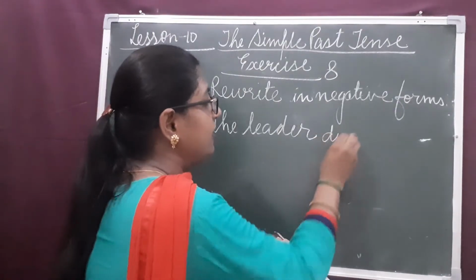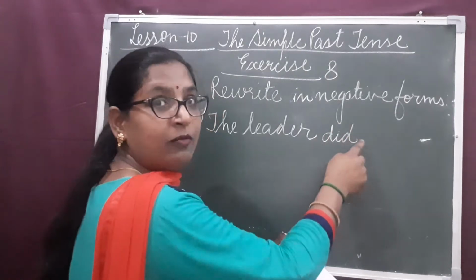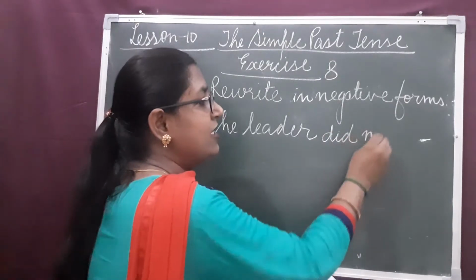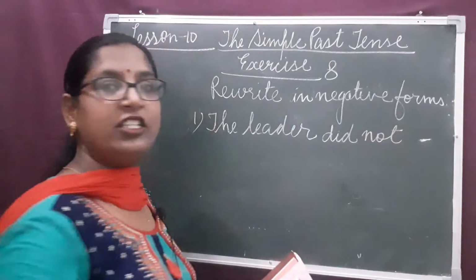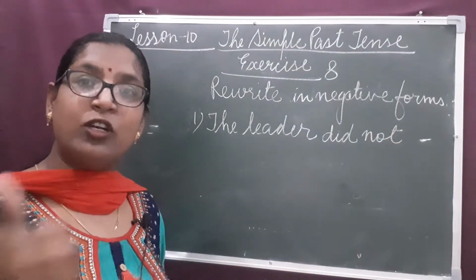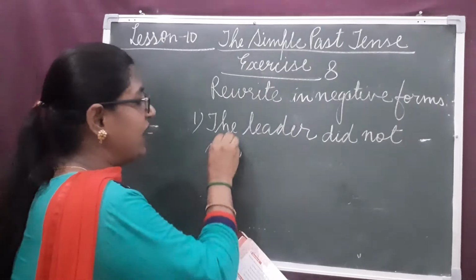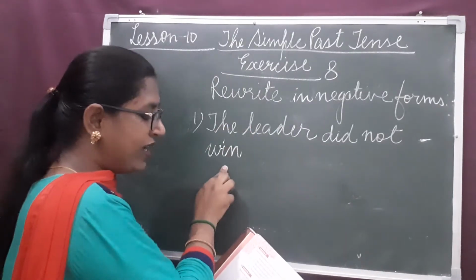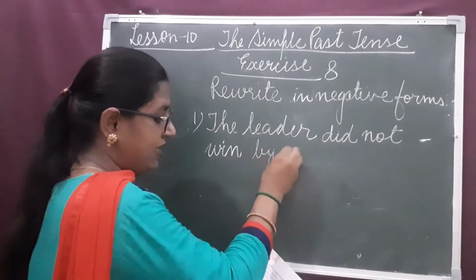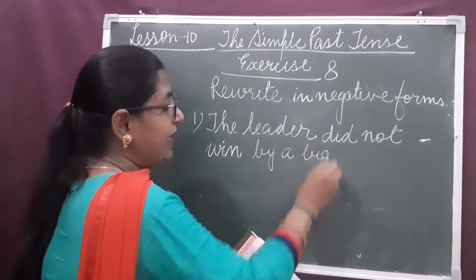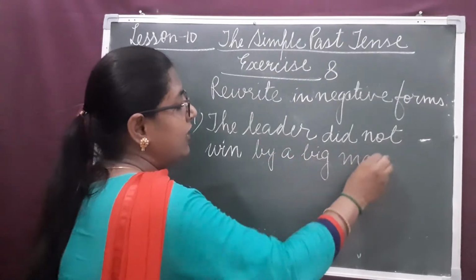The leader did, plus the word of negation, that is not. The leader did not, then the main verb in its base form, won will be changed into win. The leader did not win by a big margin.